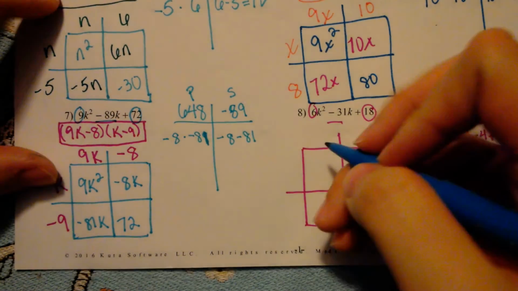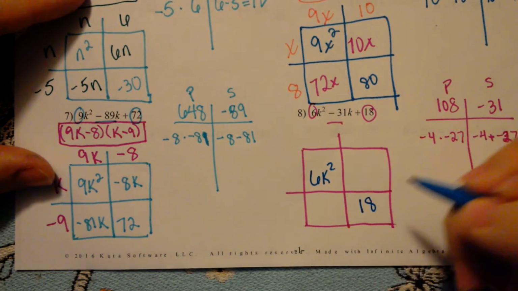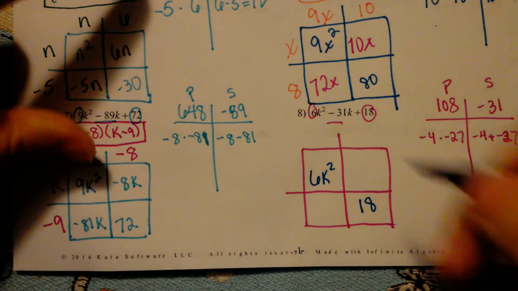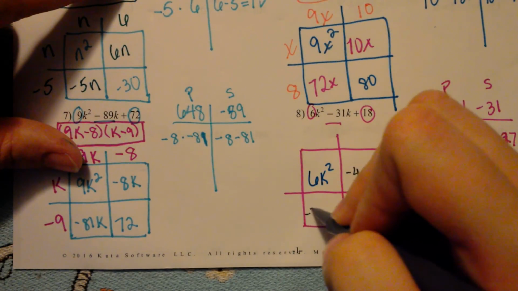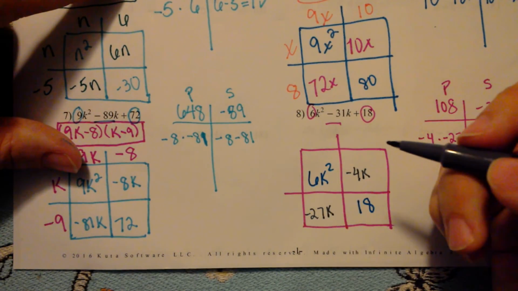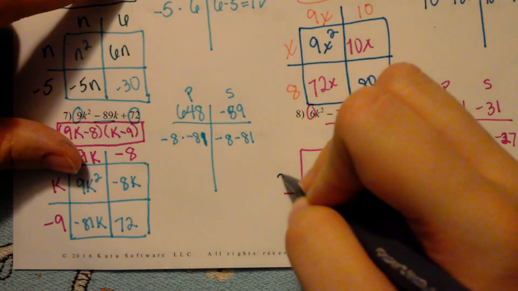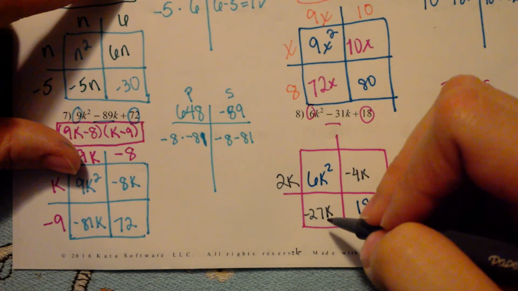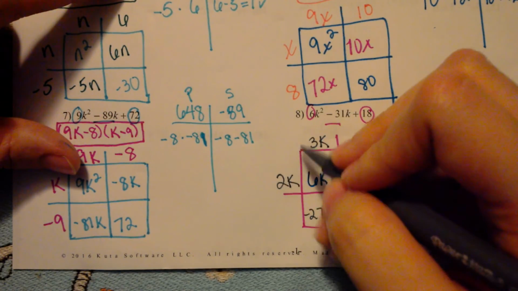So put in 6k squared, 18, and then on my diagonals I need negative 4k and negative 27k. 6 and negative 4 have a 2 in common, and there's a k in common. Going down, I have a 3 in common, and there's a k in common. 2 times 3 gives me 6.